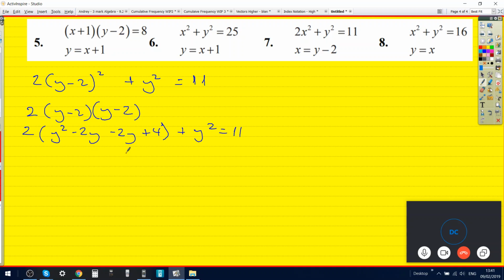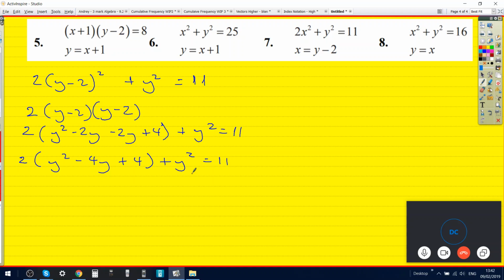And we can simplify that to 2 open brackets y squared minus 4y plus 4 close bracket plus y squared equals 11. And then we can continue.